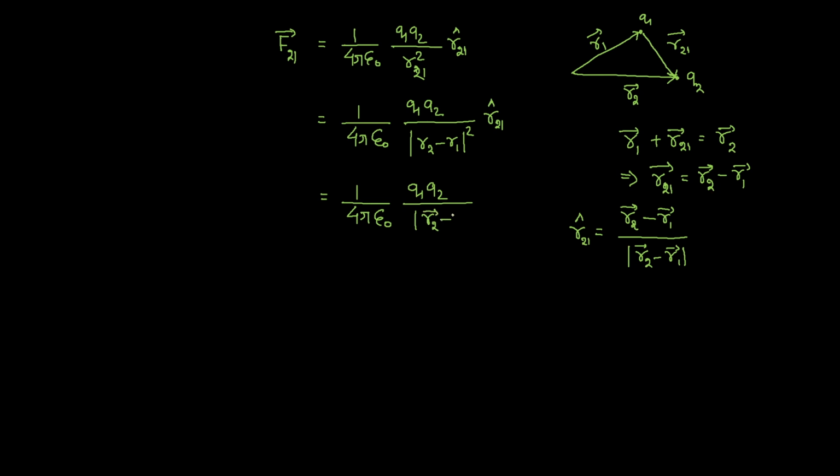So the equation becomes 1 by 4 pi epsilon naught Q1 Q2 by magnitude of R2 vector minus R1 vector square into R2 vector minus R1 vector divided by magnitude of R2 vector minus R1 vector. Now the equation becomes 1 by 4 pi epsilon naught Q1 Q2 by magnitude of R2 vector minus R1 vector to the power 3 into R2 vector minus R1 vector.